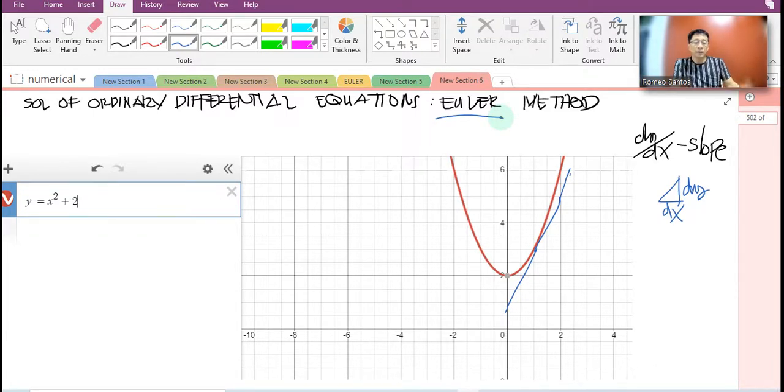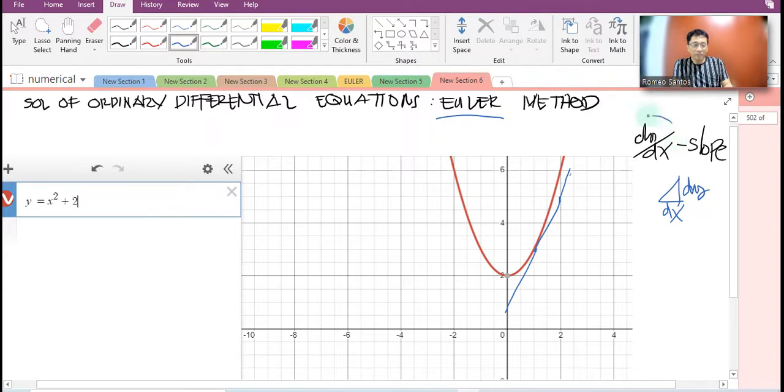We know that the derivative of a function is the slope equation. Now, if we are going to locate a particular point on the curve, and if we draw a tangent line, the slope at this point can be determined by the first derivative of the function.